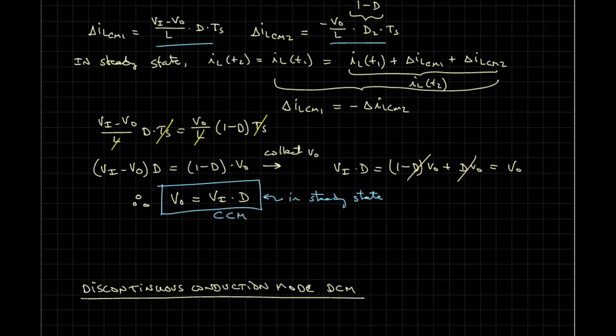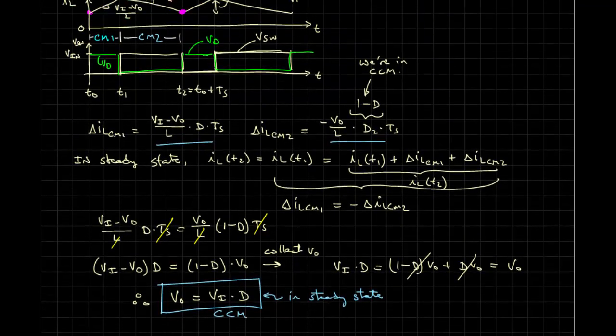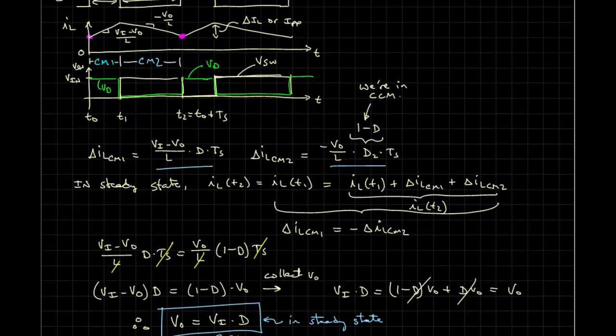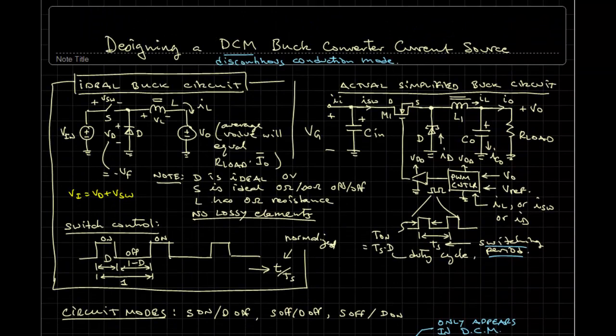Notice that in this case, the relationship between the output and the input voltage and the duty cycle is independent of the current. So in the end, the circuit we're going to build is the circuit on the right here, and it does have an output current Io, and we're going to set an R load. In continuous conduction mode, if we have ideal components, not meaning that we have to have a voltage source at the output.